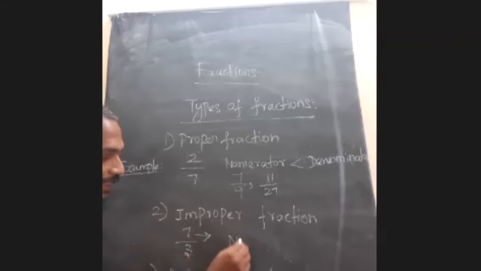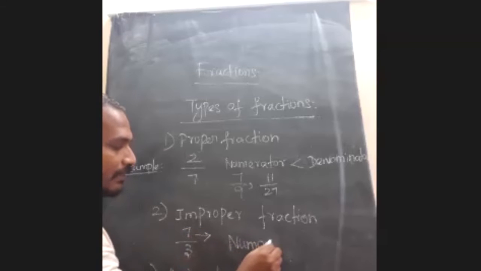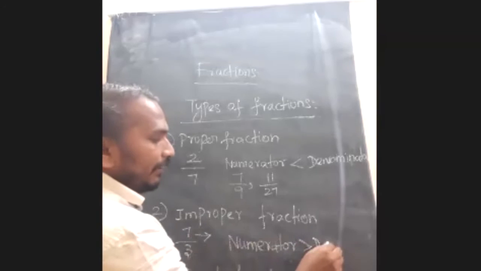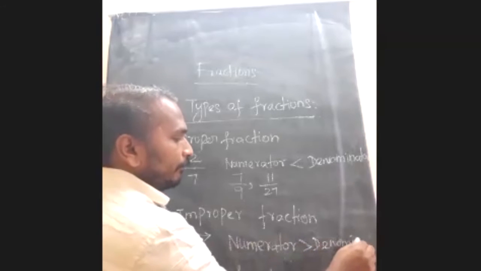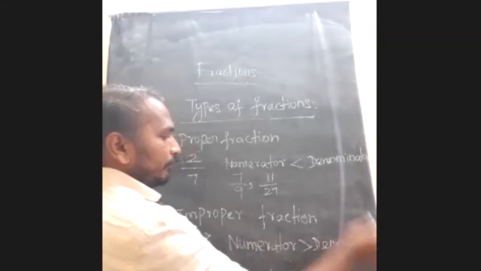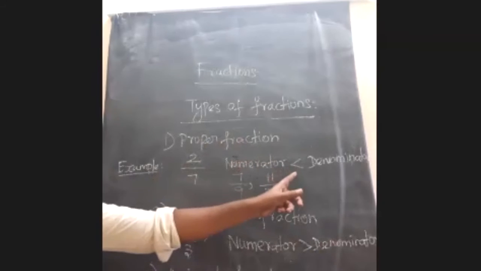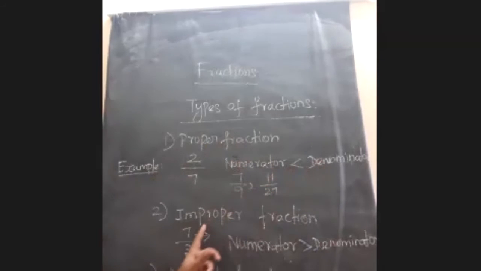So in this improper fraction, the numerator should be greater than the denominator. Hope you understood the difference between the proper fraction and the improper fraction. In the proper fraction, the numerator should be less than the denominator, and in the improper fraction, the numerator should be greater than the denominator.